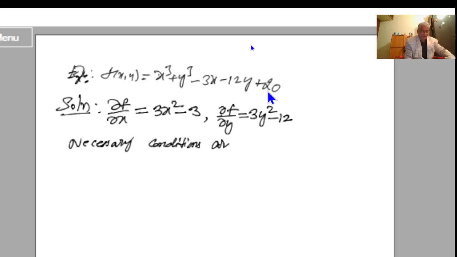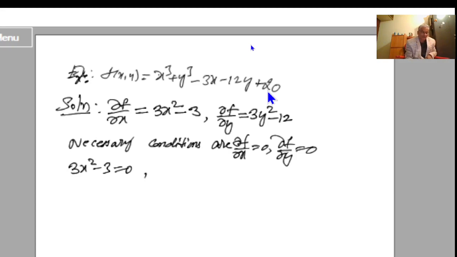Now here the necessary conditions are dou f by dou x equal to 0 and dou f by dou y equal to 0. So first I will take dou f by dou x equal to 0, that is 3x square minus 3 equal to 0, one equation, and 3y square minus 12 equal to 0, this is another equation.